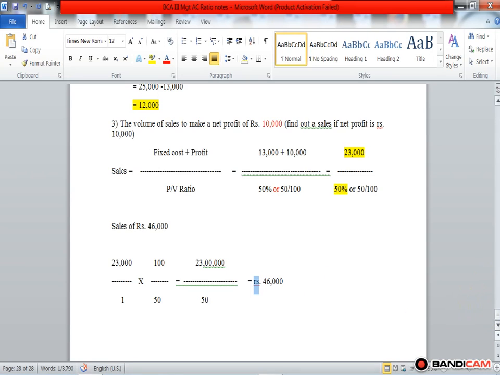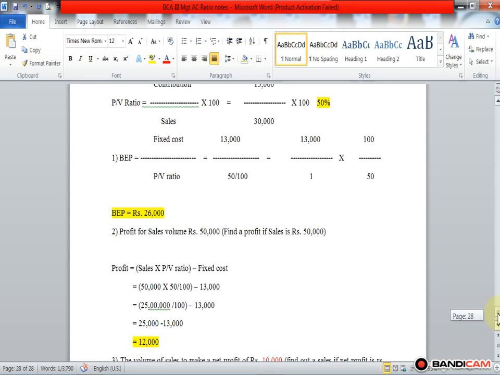So here we solved the problems on cost profit volume analysis.